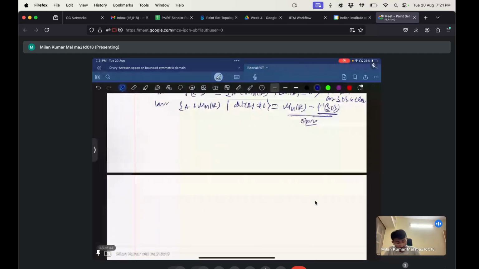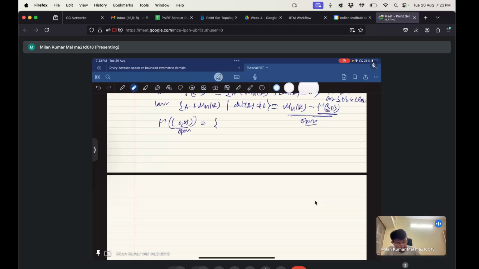Similarly, if you look at F inverse of 0 to infinity, this is open. This is equal to all A belonging to MnR such that determinant of A belongs to 0 to infinity.